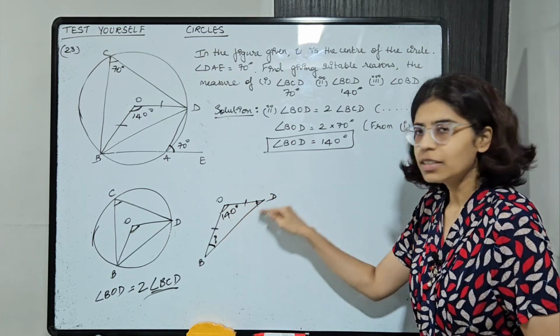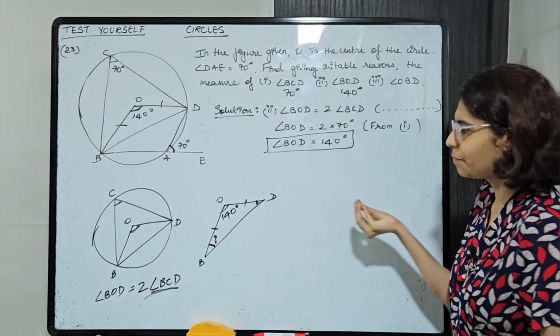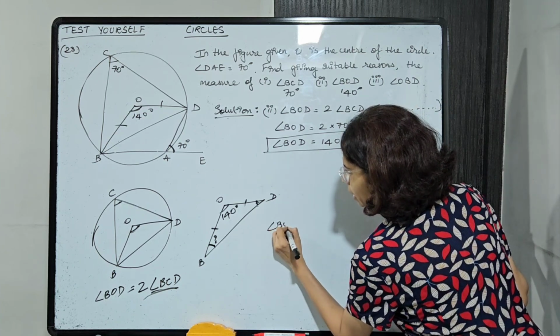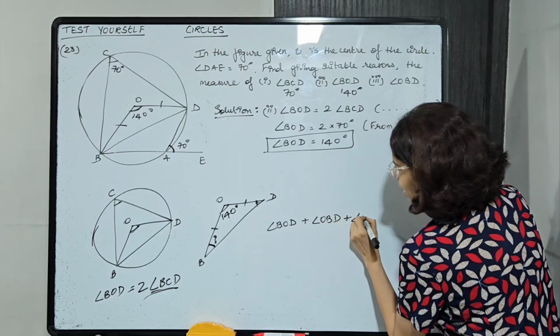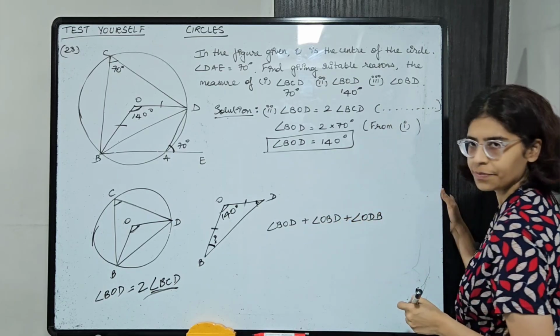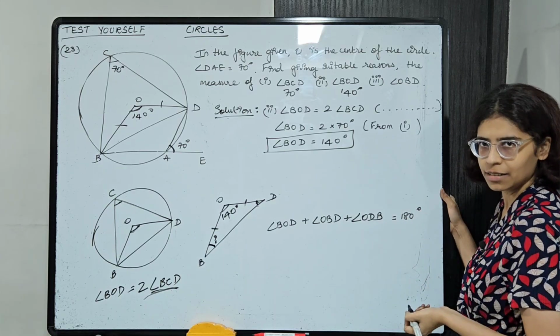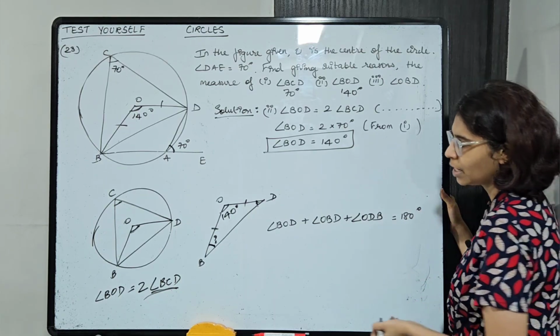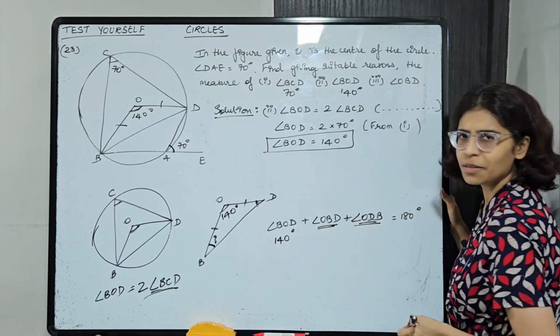Sum of all the three angles is going to be 180 degree. Angle BOD plus angle OBD plus angle ODB, तीनों का सम 180 होगा, right? प्रॉपर्टी है triangle का. ये 140 है, ये दोनों तो equal है.